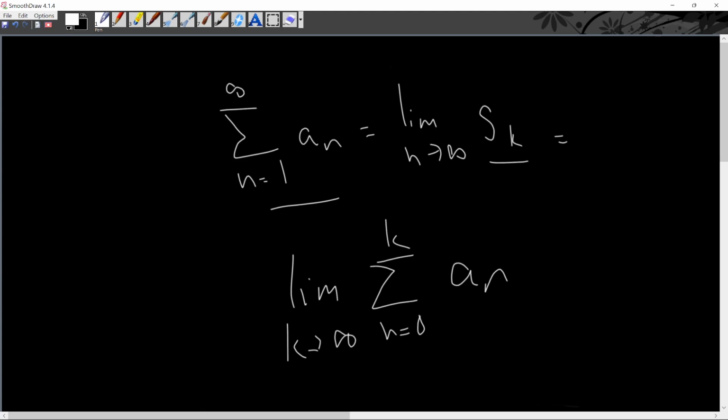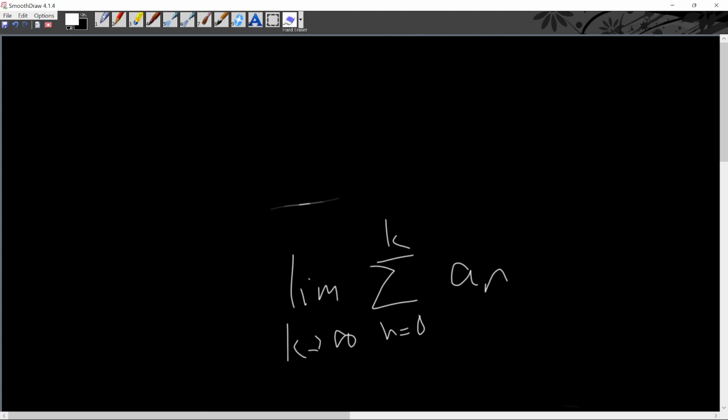Let's talk about one of the most common converging series that you're going to see, and that is a geometric series. I'll define geometric series, of course, in a second, but one of the most common geometric series is 1 over 2 to the n, right?